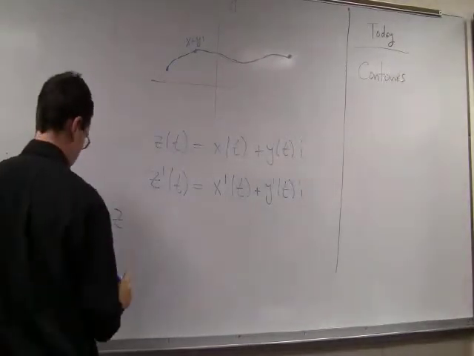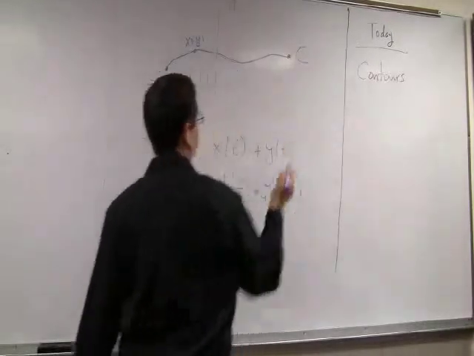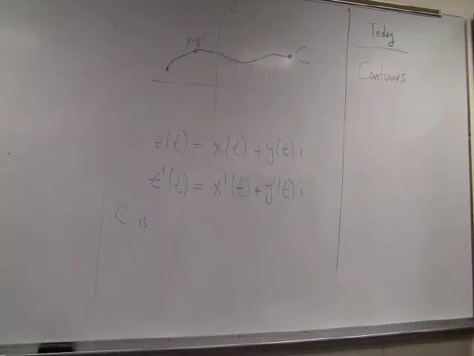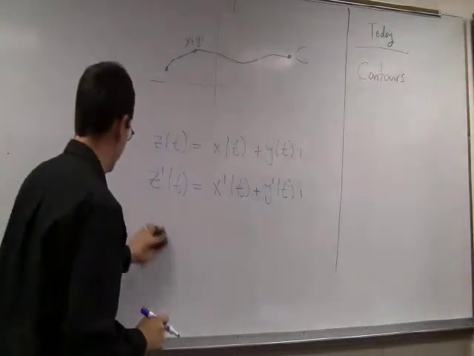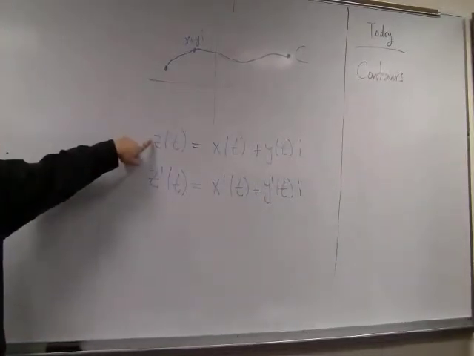So, what we might say is, let's give a name to this. Let's call this C. Now, let's say this Z of t.